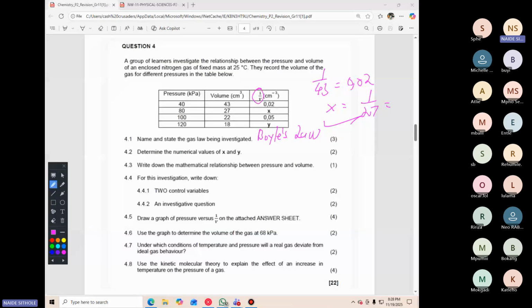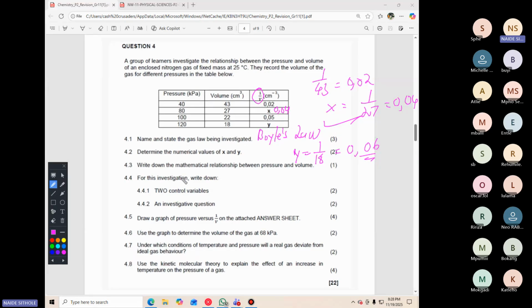Round off to 2 decimal places. 1 over 27 is 0.04, because it is 0.037. So 0.04. Then here you'd have to say y is 1 over 18. Round off to 2 decimal places. So 0.06. So that's your value for x and y. That's all you needed to do.